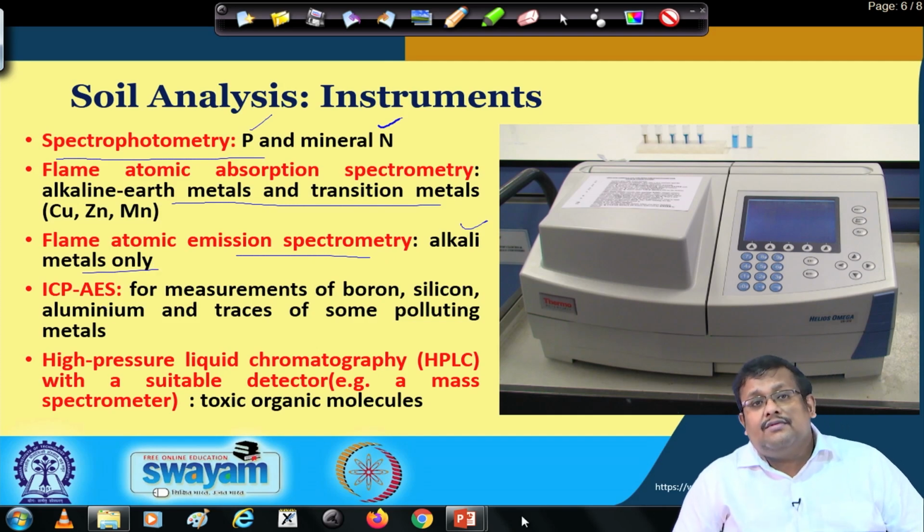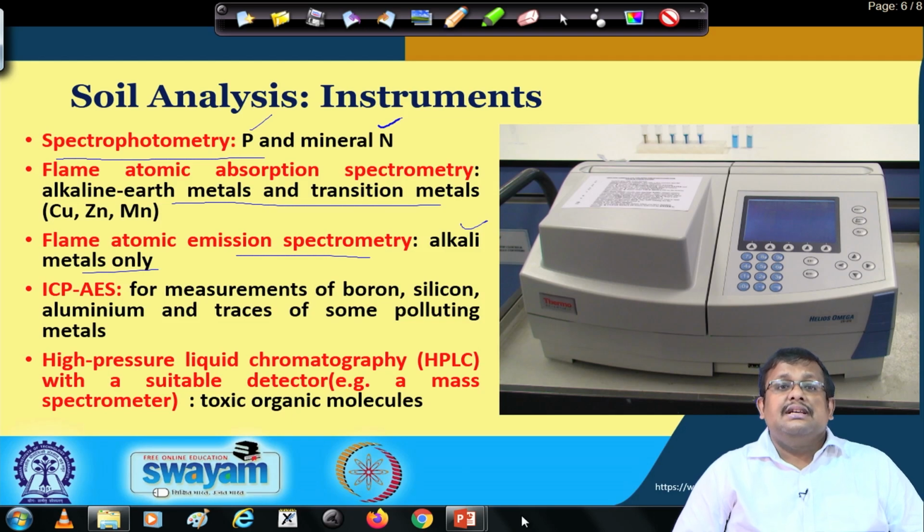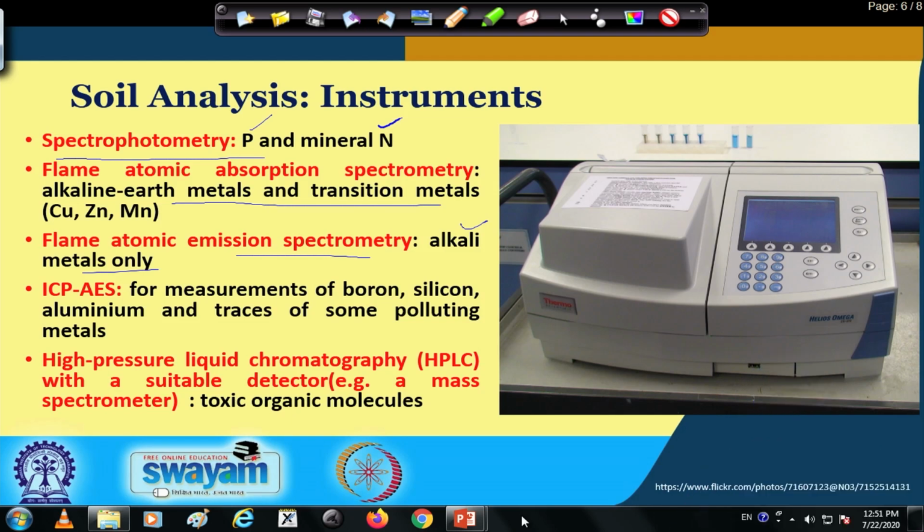ICP-AES, the full name of which is inductively coupled argon plasma atomic emission spectroscopy, is the technique we use for measurement of boron, silicon, aluminum and traces of some pollutant minerals. In case of toxic organic molecules, we generally go with high pressure liquid chromatography, or HPLC, with a suitable detector, for example, a mass spectrometer.